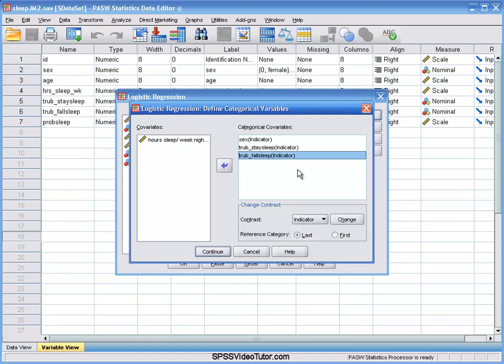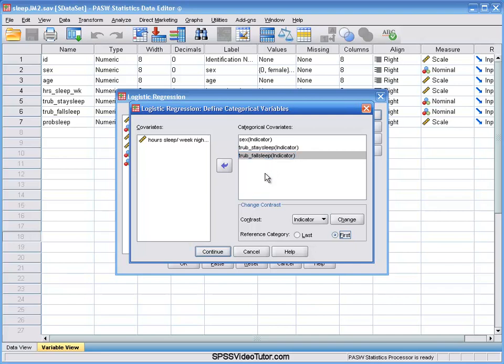Then make sure that contrast is at indicator. You can change this if your professor recommends a particular contrast, but we're just going to leave it as indicator. And we're going to change our reference to first, for each one of these.